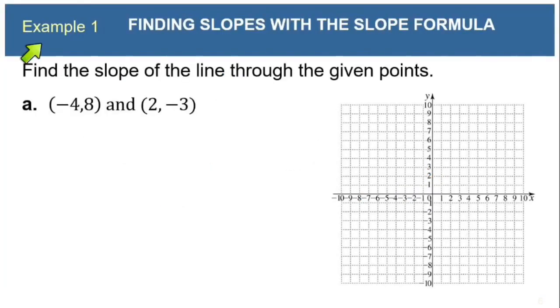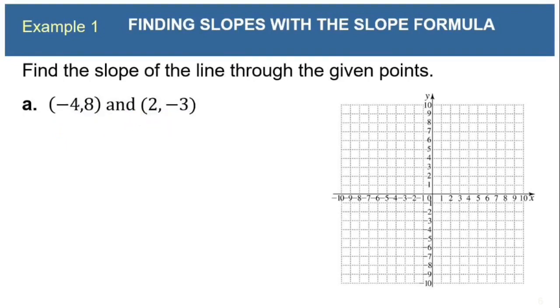Now here is example 1, and we're going to look at several examples where we practice using the slope formula, and I'm going to point out a few different things to you as we go along. So notice that the instructions say find the slope of the line through the given points. In part A, the given points are -4, 8 and 2, -3.